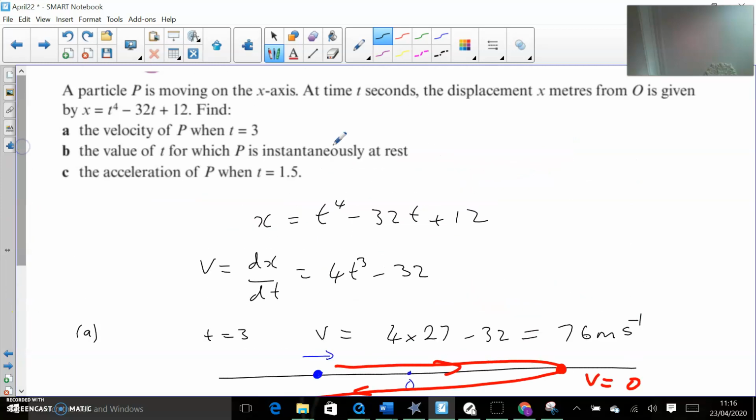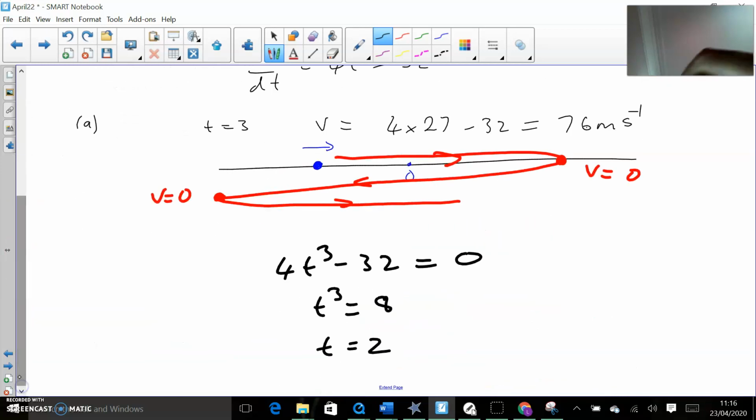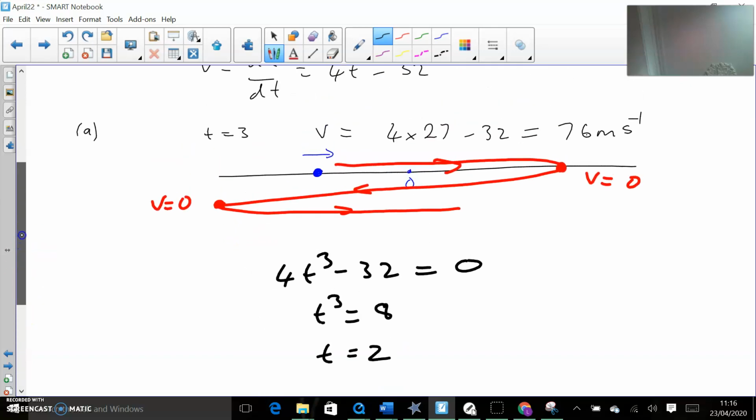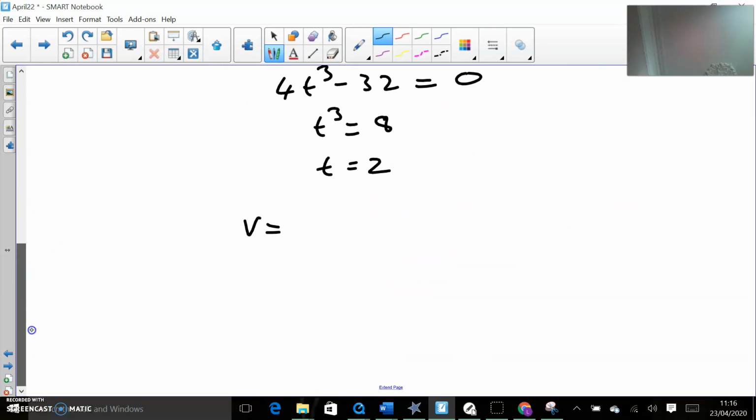So that's that. And then the acceleration when t is 1.5. To find the acceleration, we would differentiate the velocity. So we had v equals 4t cubed minus 32.